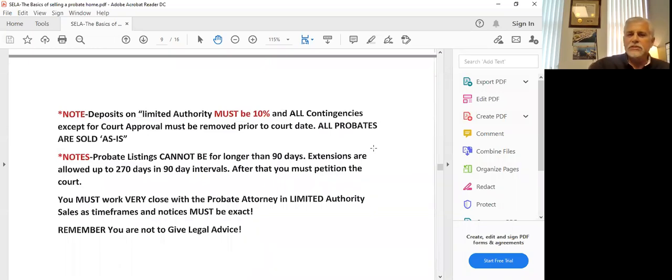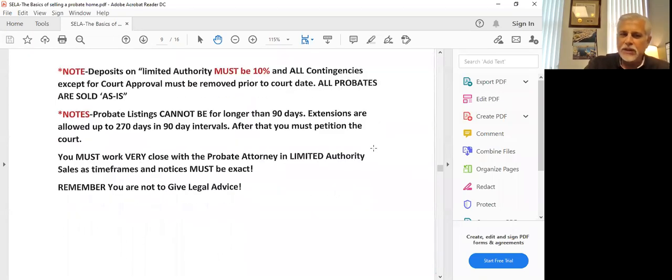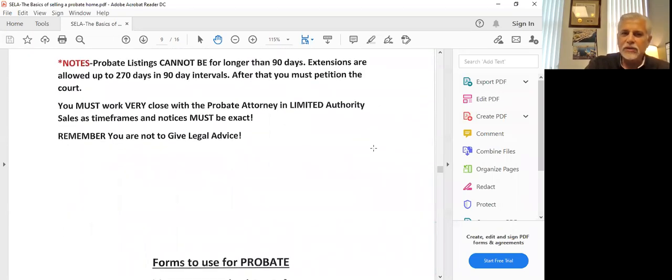All contingencies are removed. You have your loan in place or all cash. And remember, all probates are sold as is. That's why they make sure all contingencies have been removed. And once again, I reemphasize, probate listings can't be longer than 90 days. Extensions are allowed, but you must petition for them.